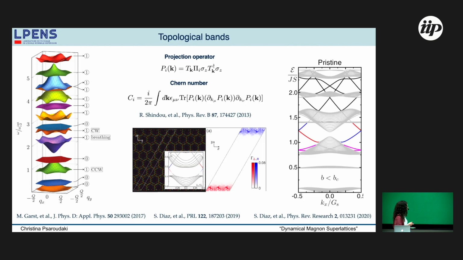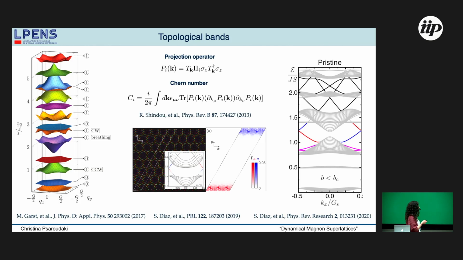As an immediate consequence, if we have a finite system with edges, then above a band with non-trivial Chern number we have the emergence of chiral edge states that exist here in the gap. This has been beautifully shown by Sebastian Diaz and his collaborators for skyrmions in ferromagnetic DMI lattices and antiferromagnetic skyrmion lattices. So that's another aspect that we would like to explore.